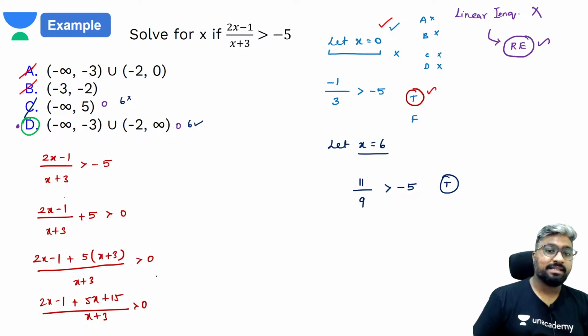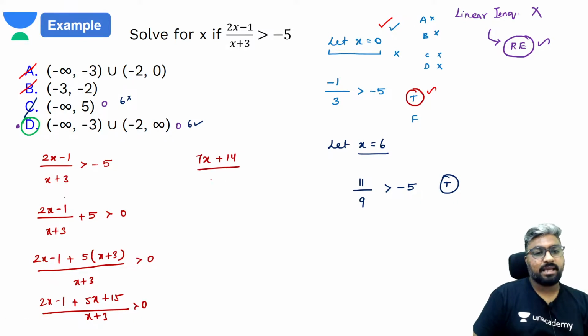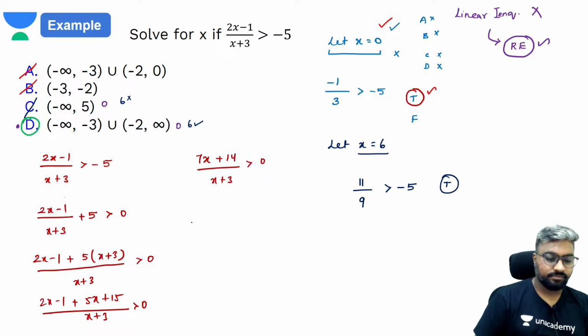Look at the complexity. रिवर्स इंजीनियरिंग 2 स्टेप क्वेश्चन खत्म। ट्रेडिशनल मेथड में कॉम्प्लेक्सिटी देखो, 2x plus 5x is 7x, -1 plus 15 is plus 14 divided by x plus 3 is greater than 0.